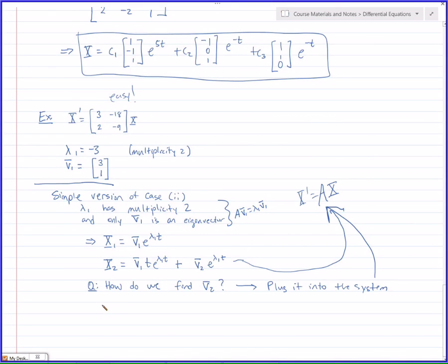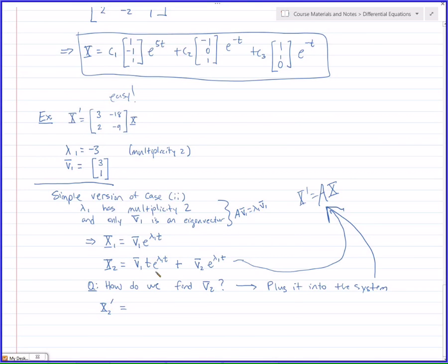Okay, so x2 prime. First of all, let's just take the derivative of this, see what we get, and then set it equal to a times x2. So the derivative of this, vectors, these are just constant vectors, so they can be treated as constants. So you can use your algebra for derivatives that you know. Meaning the derivative of a sum is the sum of derivatives, you can pull constants out, that kind of stuff.